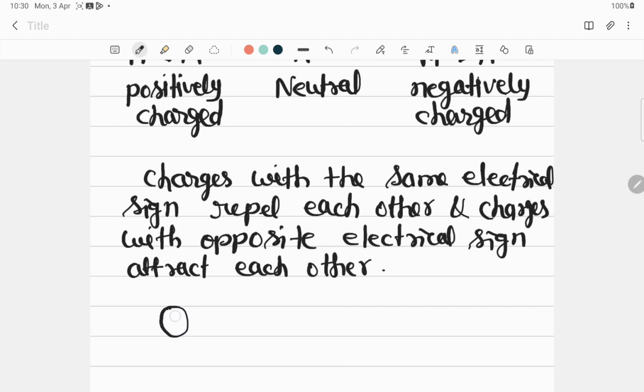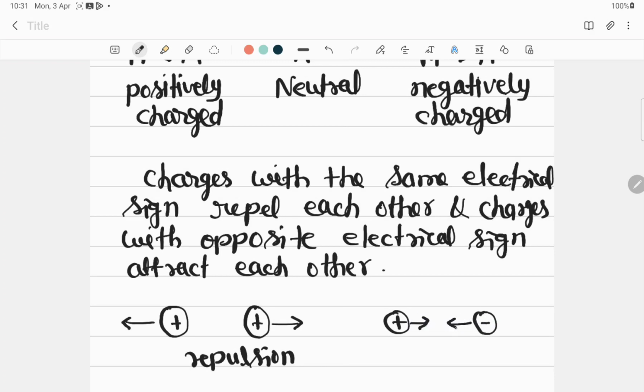Means if this is a positive charge placed with another positive charge, then these two will repel, have tendency to move away. Repulsion. In opposite charges, like if the positive charge placed with another negative charge, then these two will attract. Attraction.